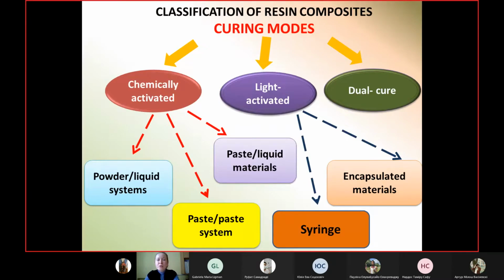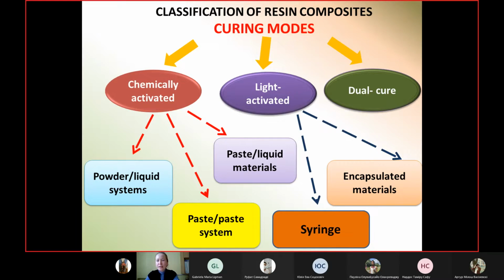Classification of resin composites as well: a few possible classifications are available, and the first one is according to the curing modes. It can be chemically activated, light activated, and dual cure. Chemically activated or self-cure materials are available in such formulations: powder liquid system, paste system, paste liquid materials.